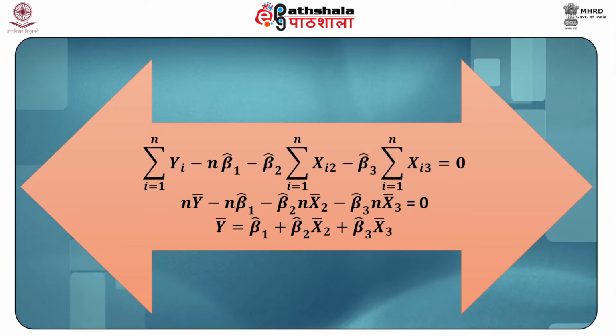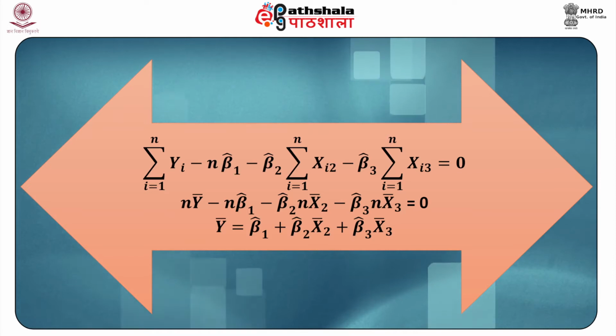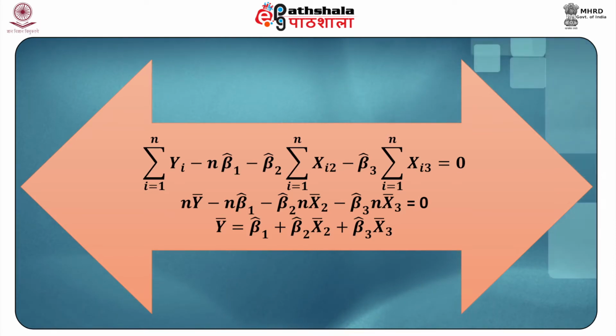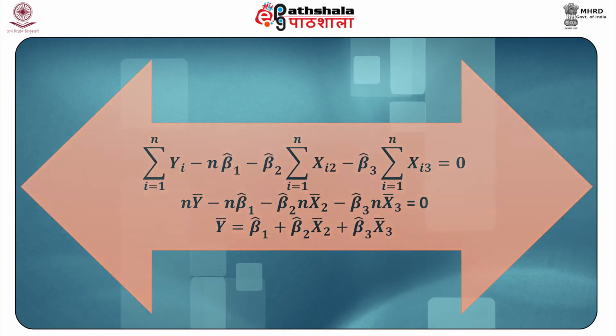Now dividing the equation throughout by n and rearranging the terms, you may find that it can be simplified as y bar is equal to beta 1 hat plus beta 2 hat x2 bar plus beta 3 hat x3 bar. Now this is similar to our 2 variable regression equation number 1.